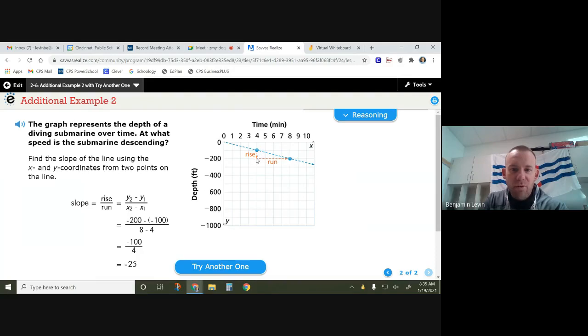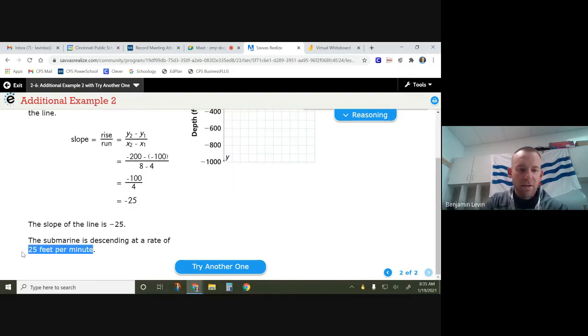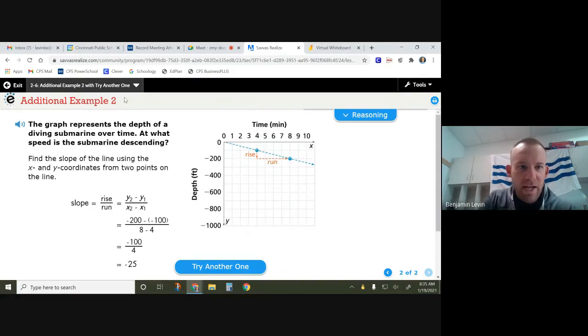The rise was negative 100 and the run was 4. Negative 100 over 4, which is what they got, equals negative 25 feet per second. So we got the same answer they got, which is good.